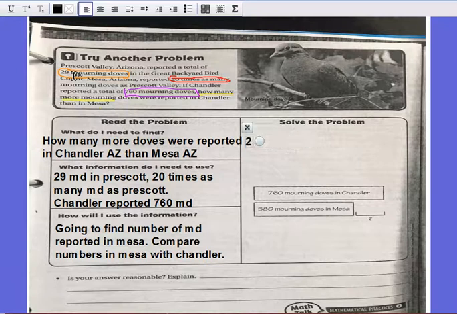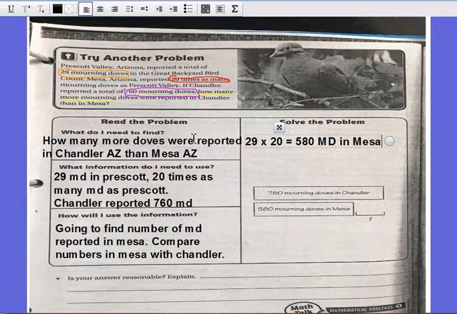So I'm going to take 29 times 20. Here's a hint: whenever you see that word times in there, you're taking 20 times something. So 29 times 20 is going to equal 580 mourning doves. And that's in Mesa, just so we know that.